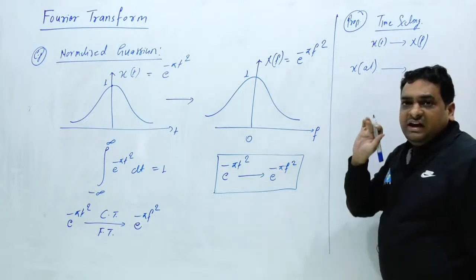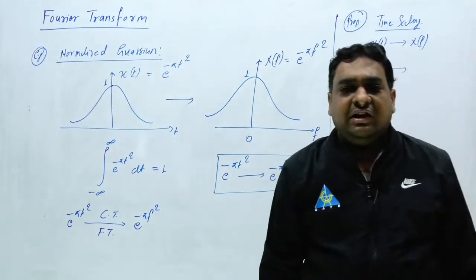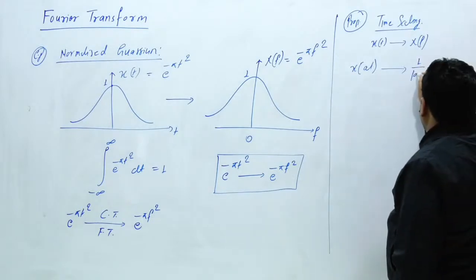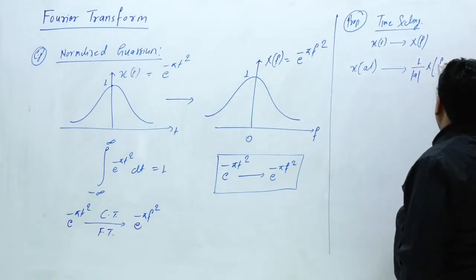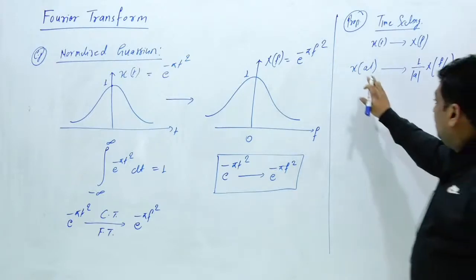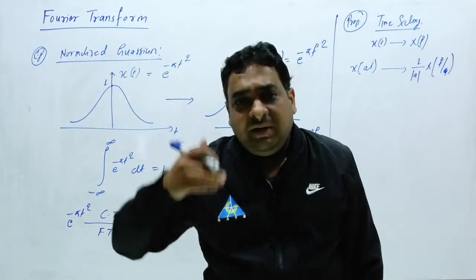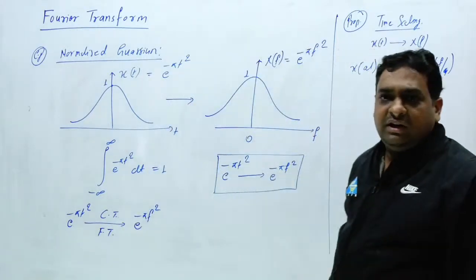If x of t is scaled by a, the Fourier transform is 1 upon mod a times X of f by a. So here, if you multiply time with constant a, then frequency will be divided by constant a.